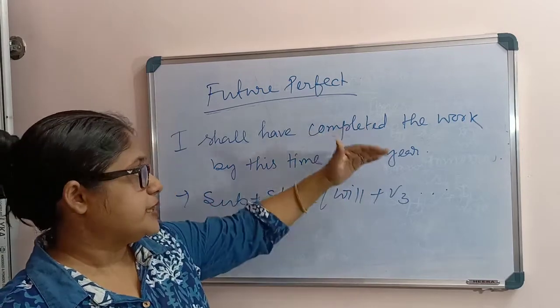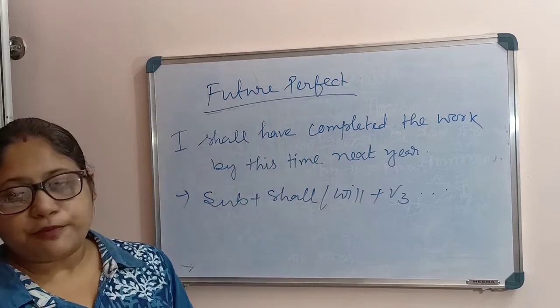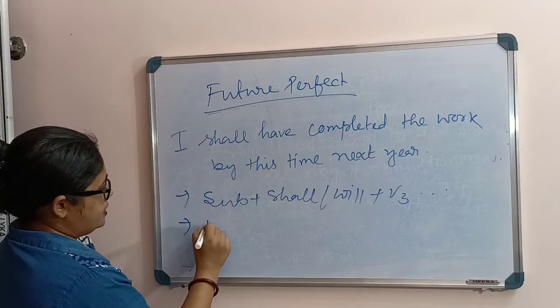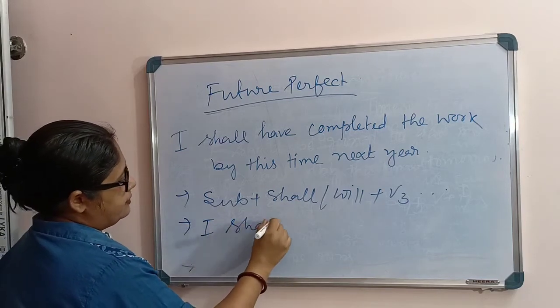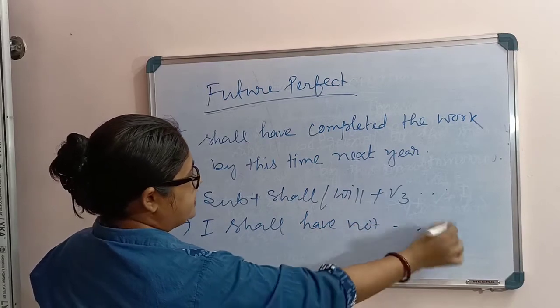In such senses we generally use the future perfect tense. In order to make it negative, we will place "not": I shall have not completed.